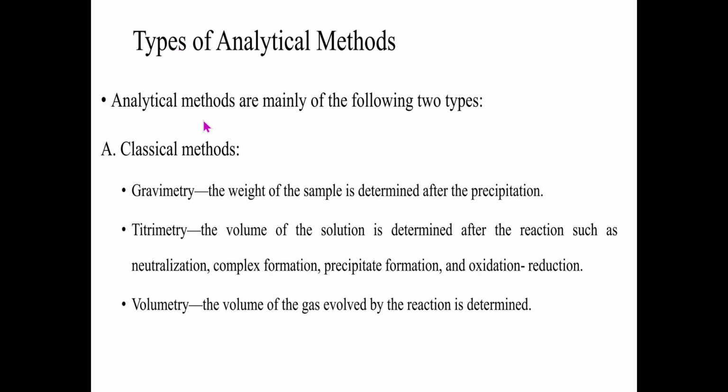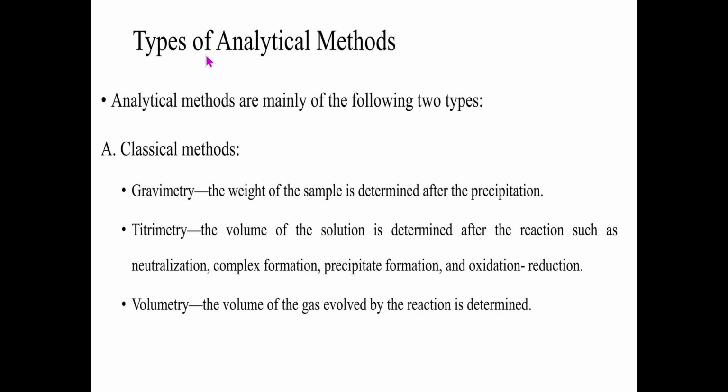These analytical methods are mainly of two types. The first one is the classical method. The classical method of determination and identification of any compound is basically divided into three types: gravimetry, titrimetry, and volumetry.